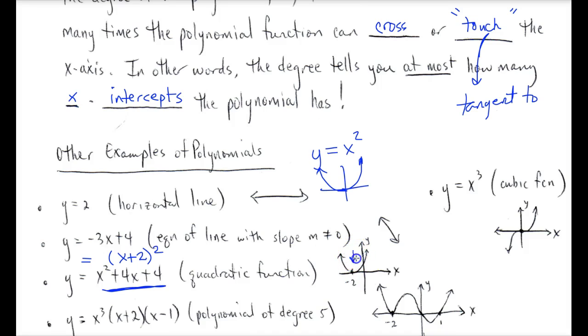The main part I want to focus on is, do you see how the graph touches the x-axis, but then goes back up? That's what I mean by touches. A more proper way to say that is tangent to the x-axis. Now, I'm going to erase what I've just written so that I can go over these examples so that you can understand what you're looking at.